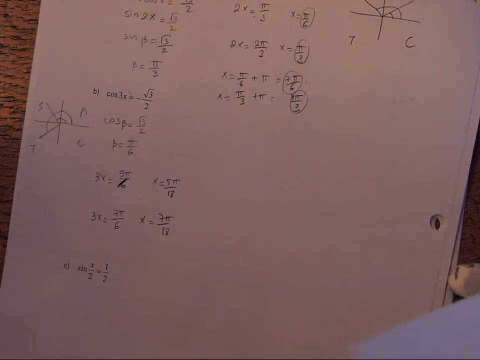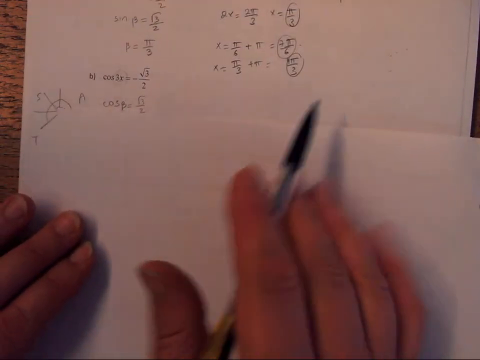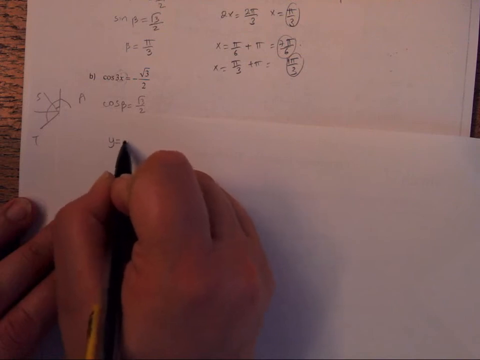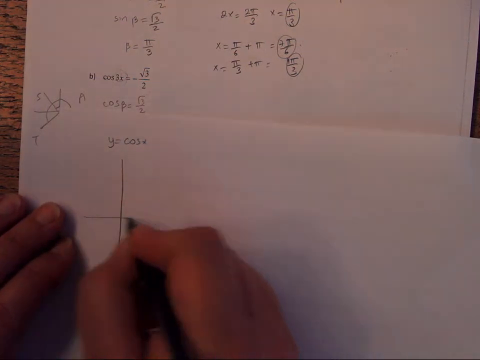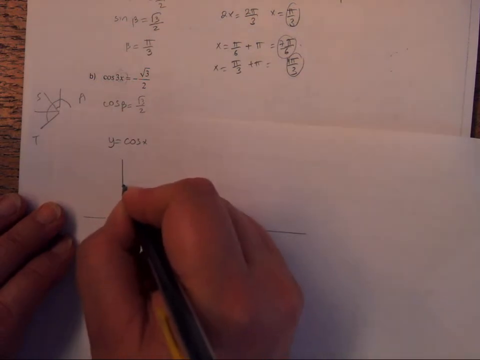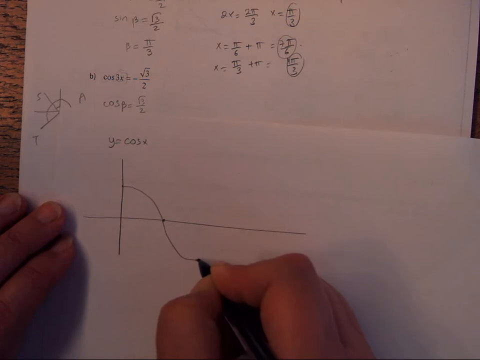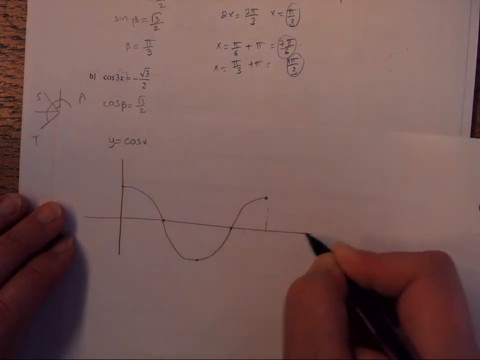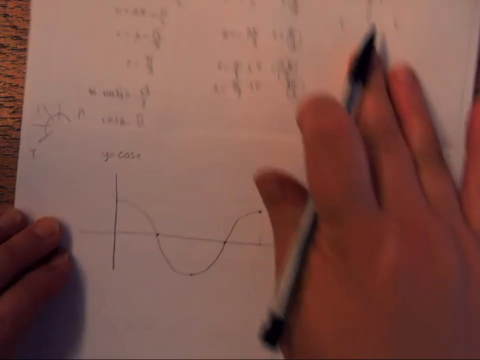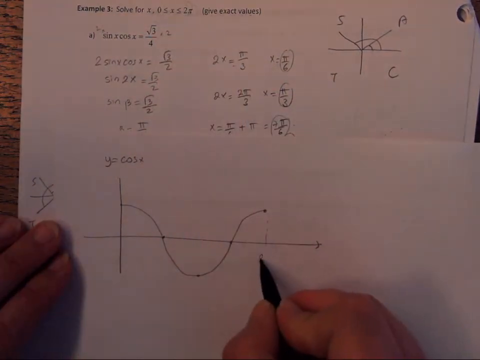But the period is different again. If you had y equals cos x, you would start from maximum, 0, minimum, 0 and maximum. So again, I'm just drawing one period between 0 and 2 pi because that is what is given to us, right?